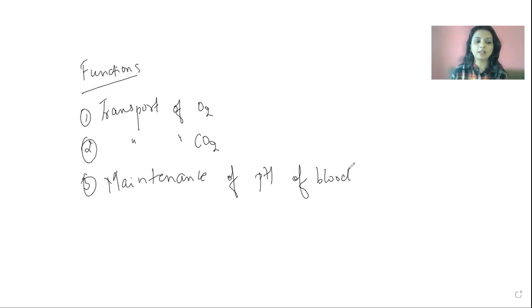Even carbon dioxide combines, which we'll be studying in the respiratory system, and it forms potassium bicarbonate in the presence of the enzyme carbonic anhydrase. So it basically does the work of transporting substances across the body.